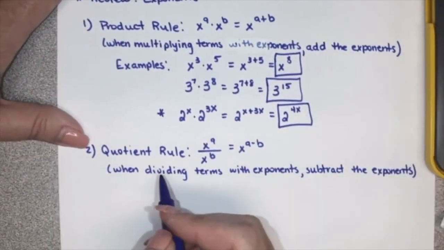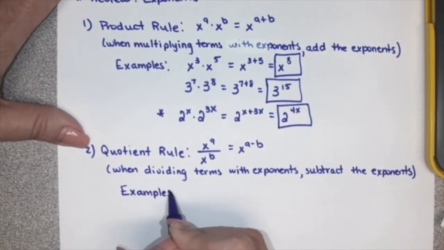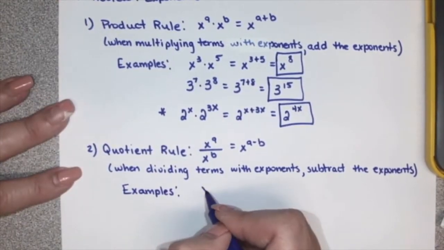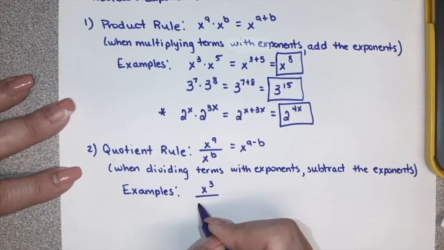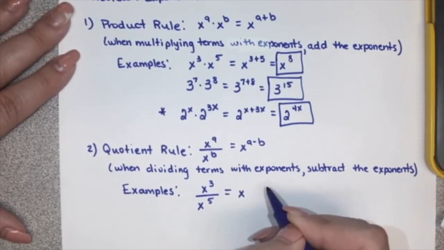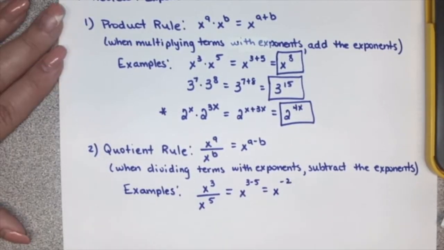So kind of like we did on the first one, let's do some examples of some varied difficulty. So if you have x cubed over x to the fifth, notice the bases are the same, so I'm going to subtract those exponents. So this is going to be x to the 3 minus 5 power, which is x to the negative 2.